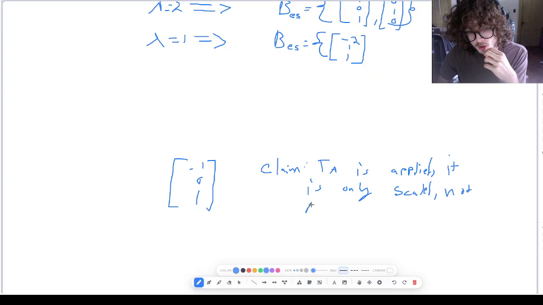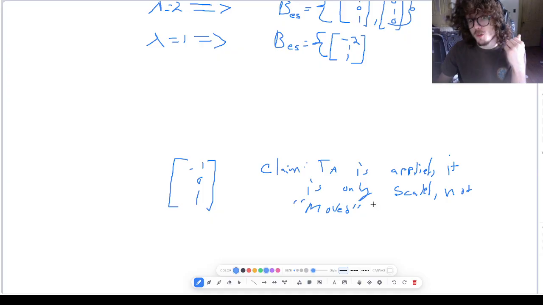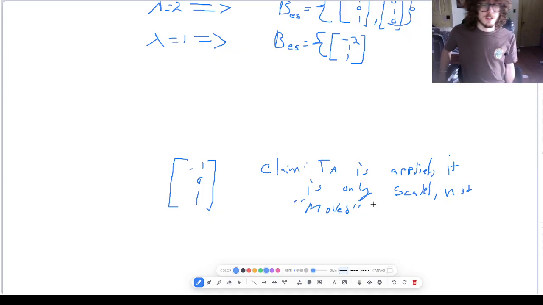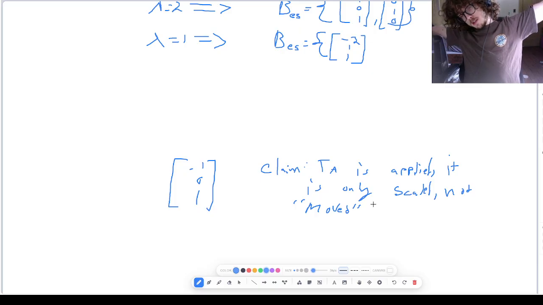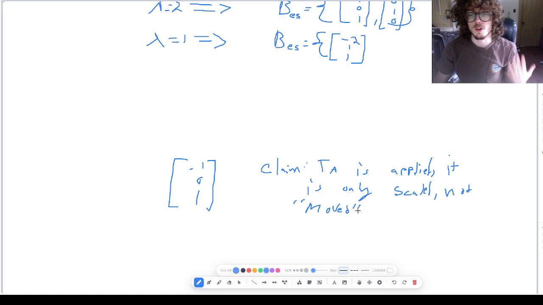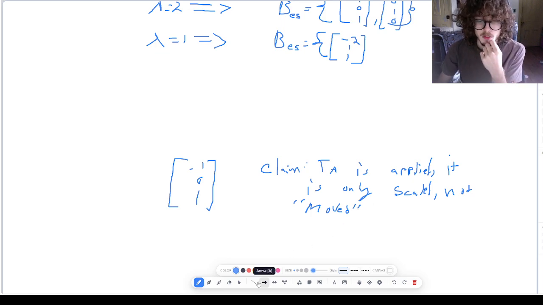Not moved, and I'm using moved very loosely here. Transformed. If the space is sheared, if we consider R2 and we shear it, it's not going to undergo that kind of movement. It's just going to get scaled, okay?